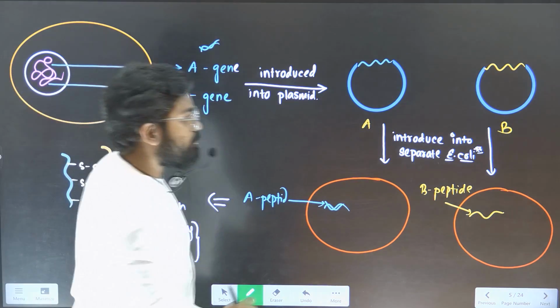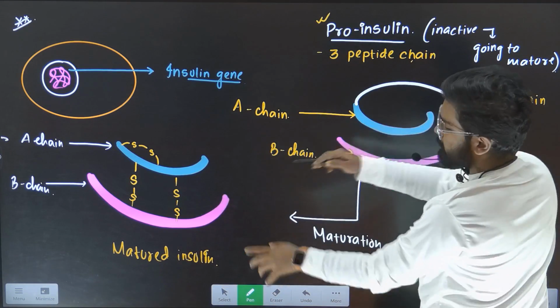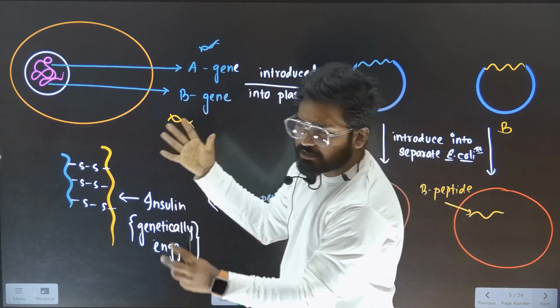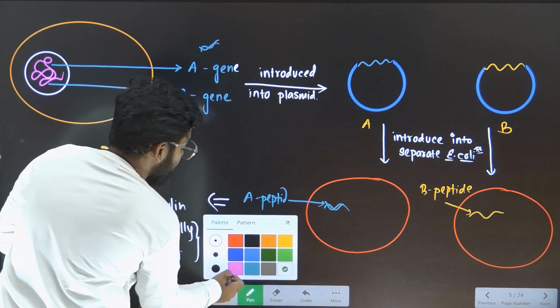The benefit of the process is that in our body during maturation there was no C chain, and when you have produced this insulin by genetic engineering, there is also no C peptide.